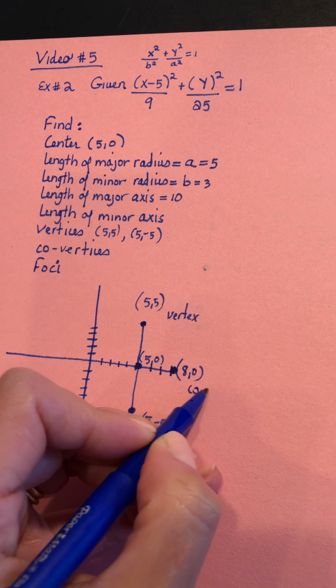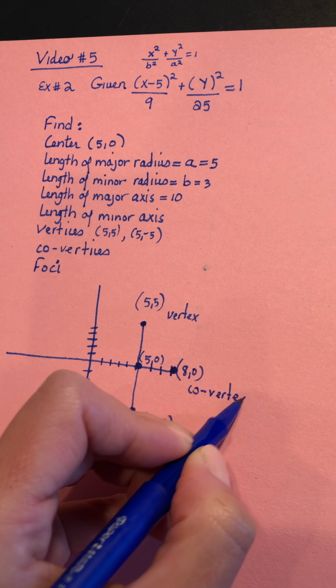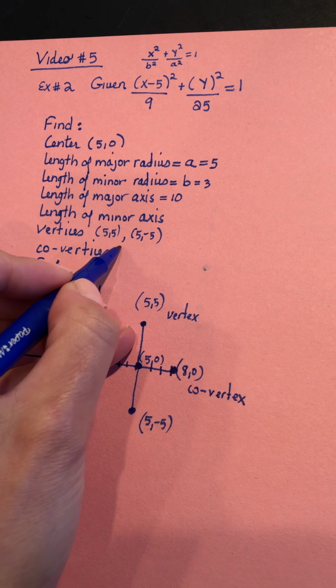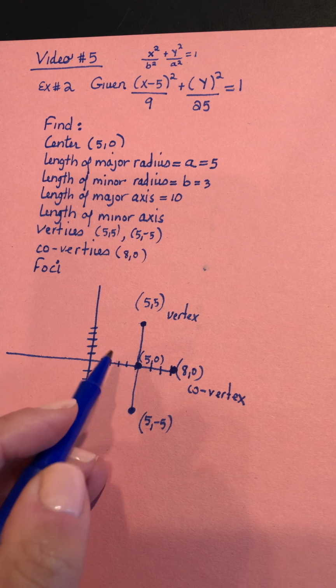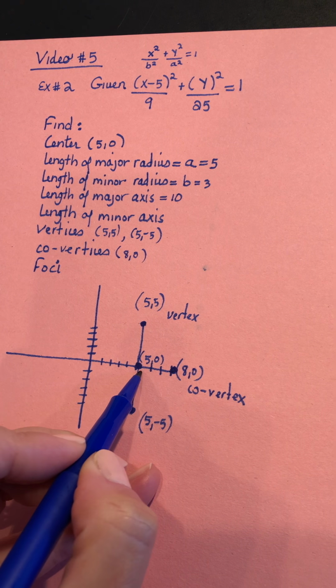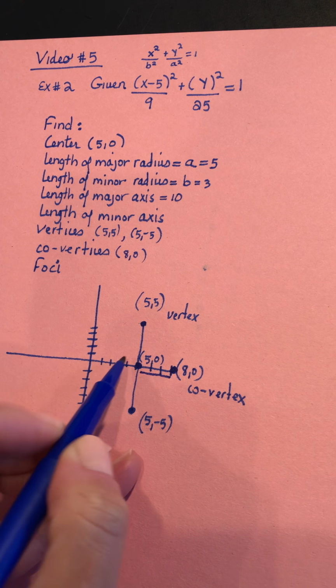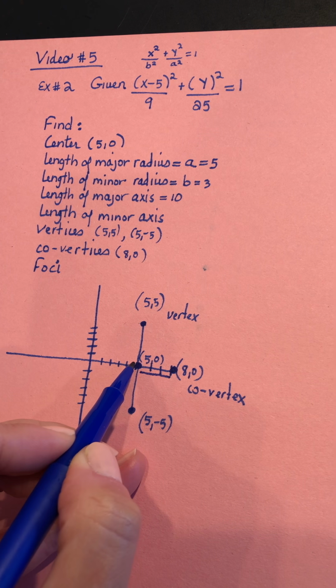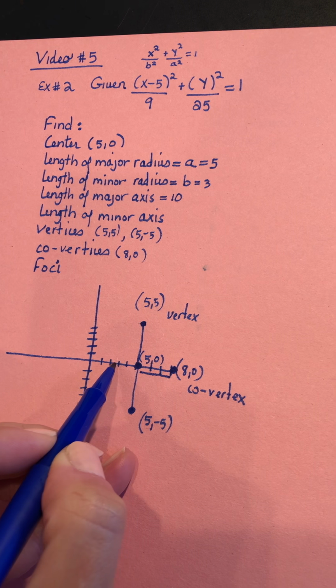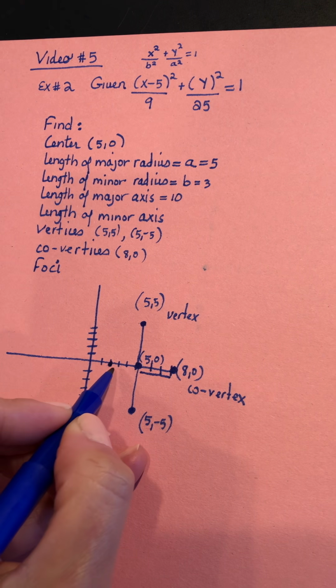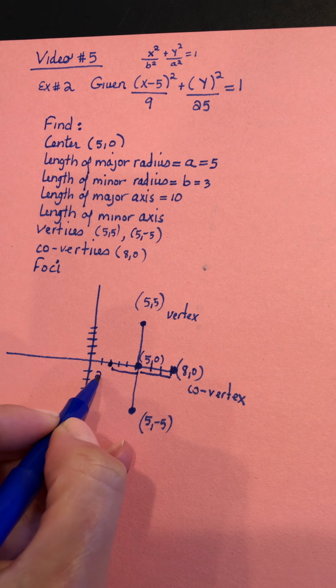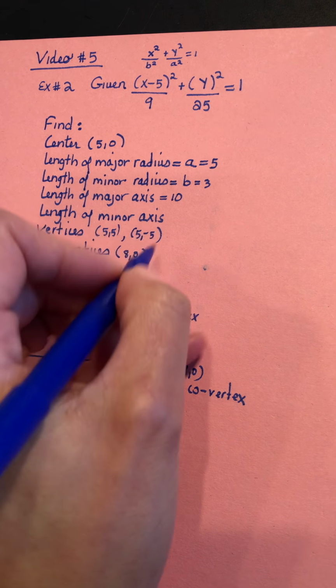This would be a co-vertex. Now, I also need to go 3 units in the other direction. So I'm going to go backwards, right? 5, 4, 3, 2. The point (2, 0) is another co-vertex.